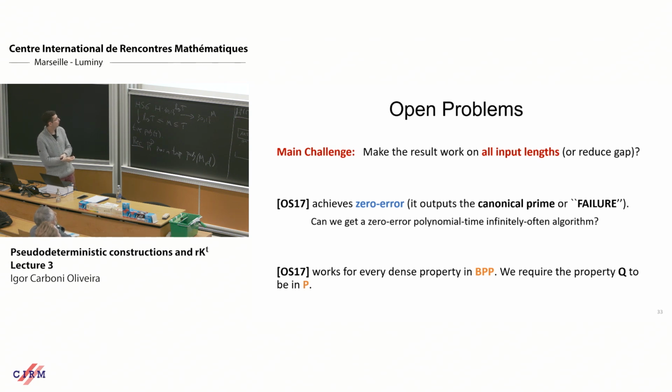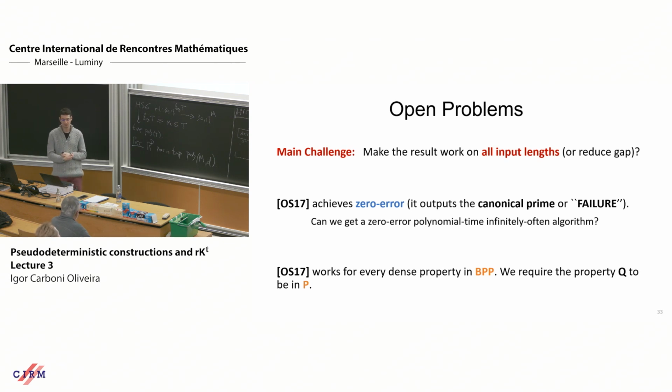As I mentioned before, OS17 works for properties in BPP. This procedure really needs the property to be in P. So we are making use of the AKS primality test. And there's something curious about it, which I briefly mentioned, which is that the actual code of the algorithm deciding Q, let's say the actual implementation of AKS, will affect which canonical prime you get using this construction.